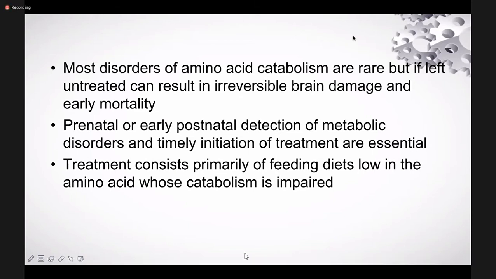So it is important that we can detect these amino acid disorders during the prenatal pa lang or early postnatal period, so that we can give timely treatment for these disorders. And usually, it's easy naman to treat this kasi usually it is just diet modification lang.